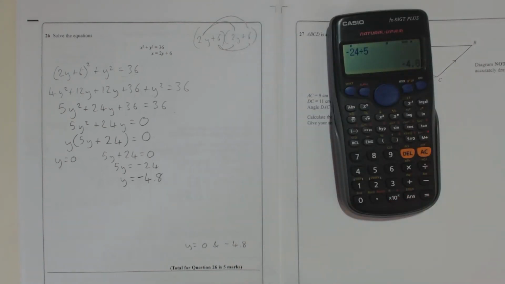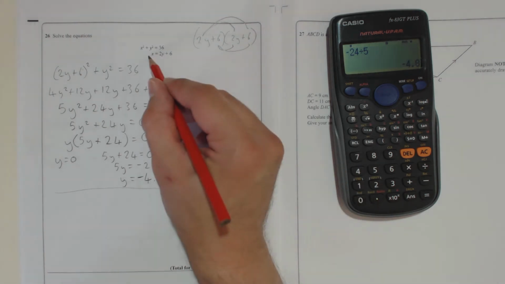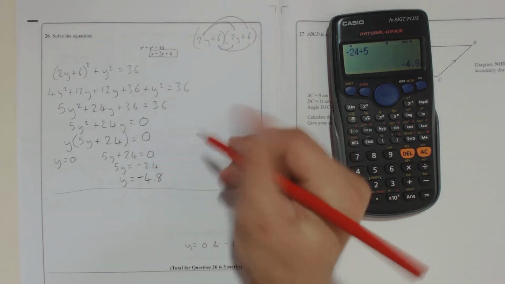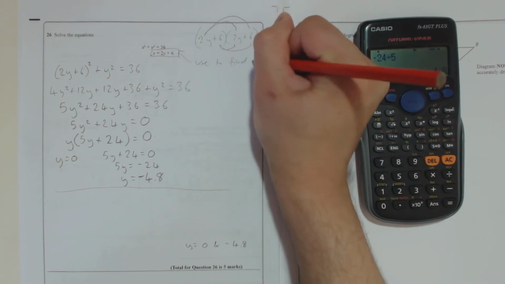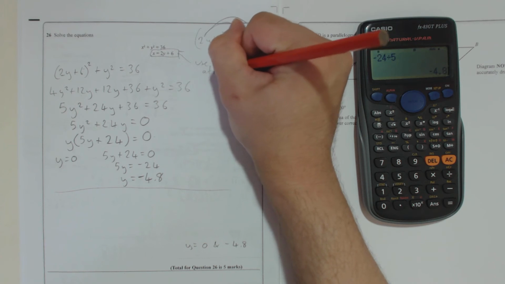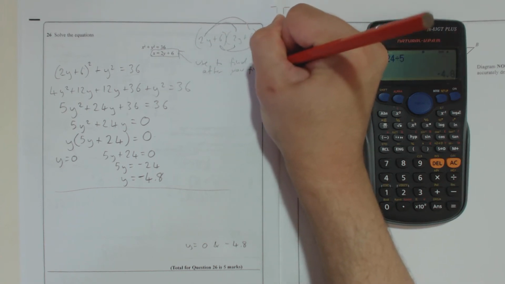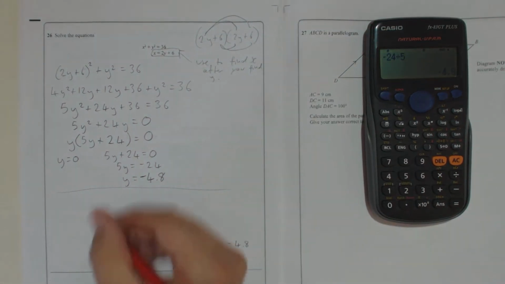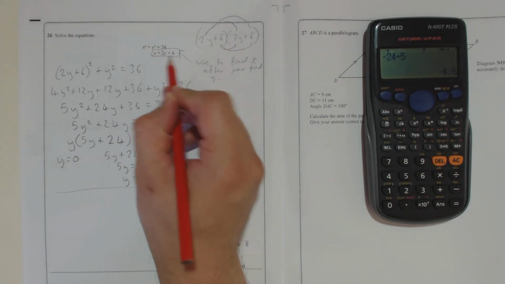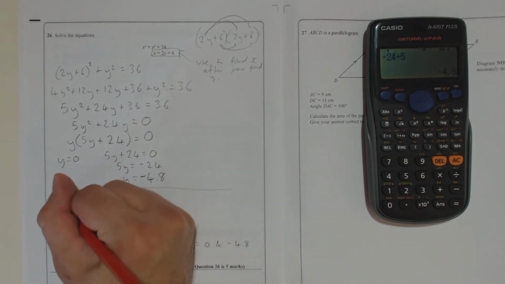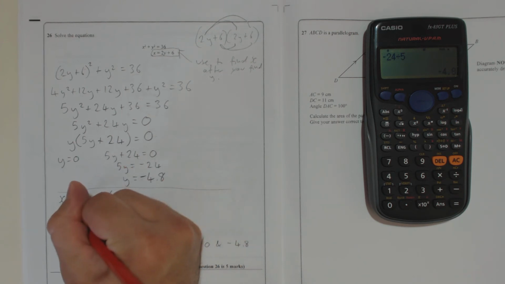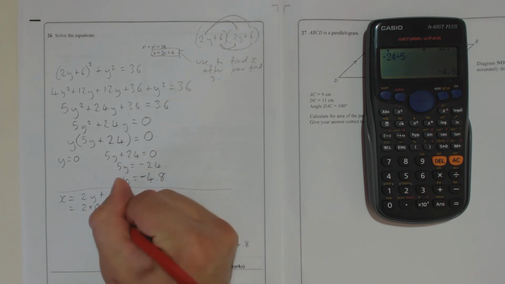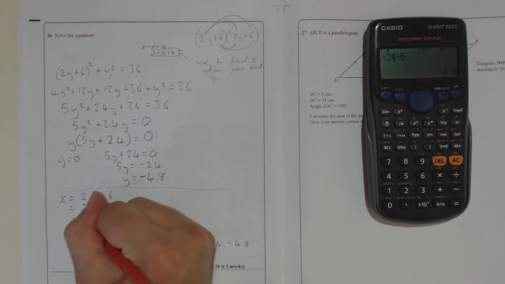Now we need to find the x's. To find x after you find y, we're going to use the equation x equals 2y plus 6. If y equals 0, x equals 2 times 0 plus 6, which means x equals 6.